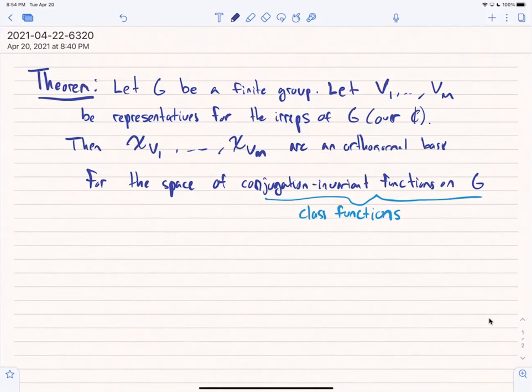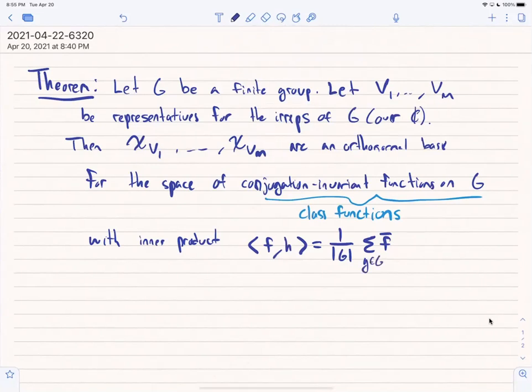And then with inner product, if you have two functions f and h, then the inner product is 1 over the order of G times the sum over all the elements g in G of the complex conjugate of the value of f at g, multiplied by the value of h at g.